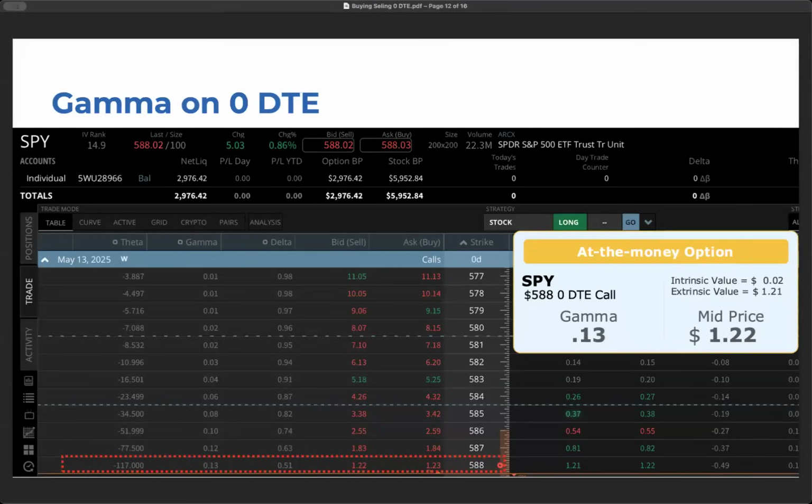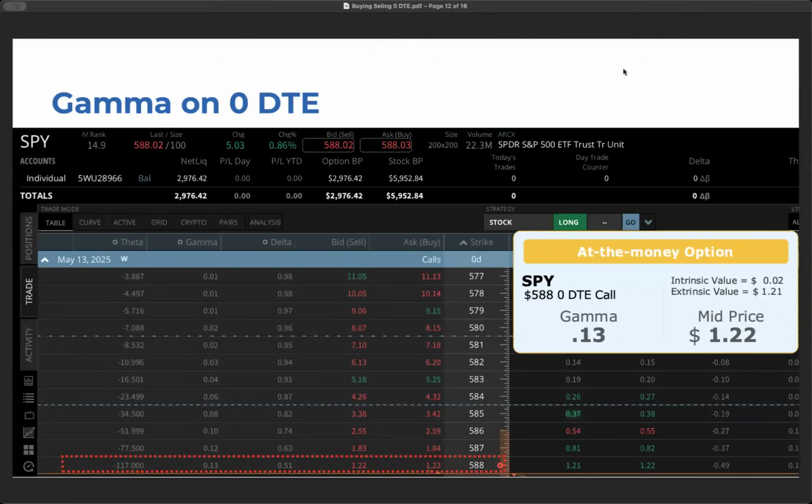So 51 plus 13 is 64 cents. So for this option contract, it'll go from $1.22 plus the 64 cents to $1.86, right? So 64 divided by 122 is a 52% gain or loss on the trade, depending on whether you're buying or selling the option.